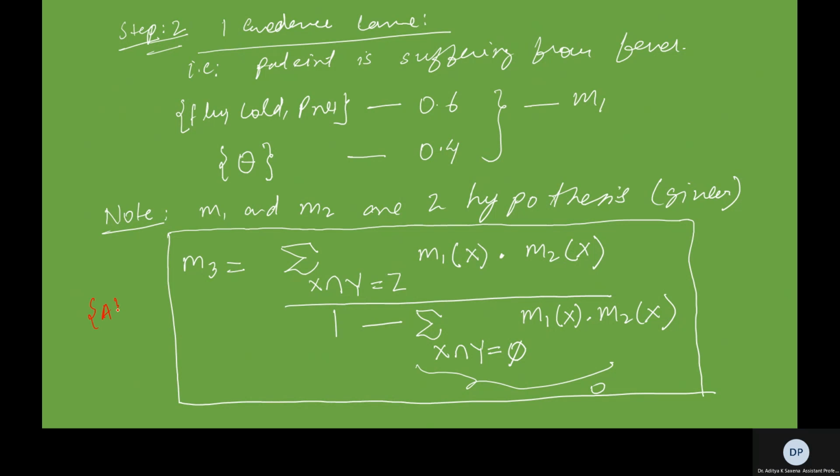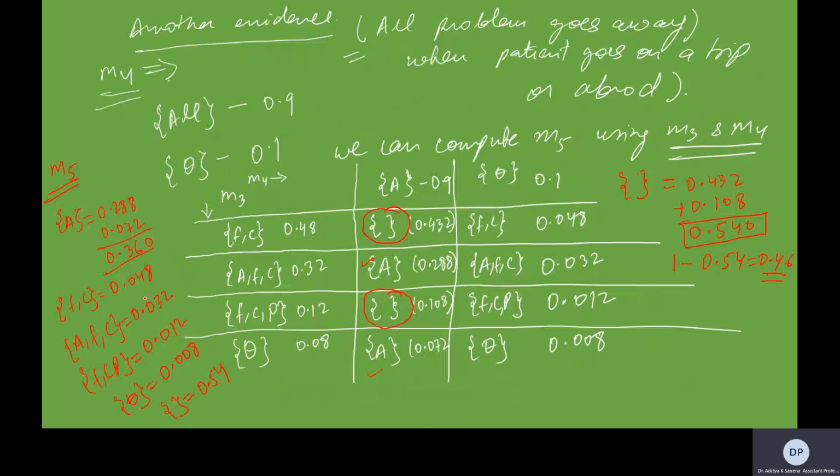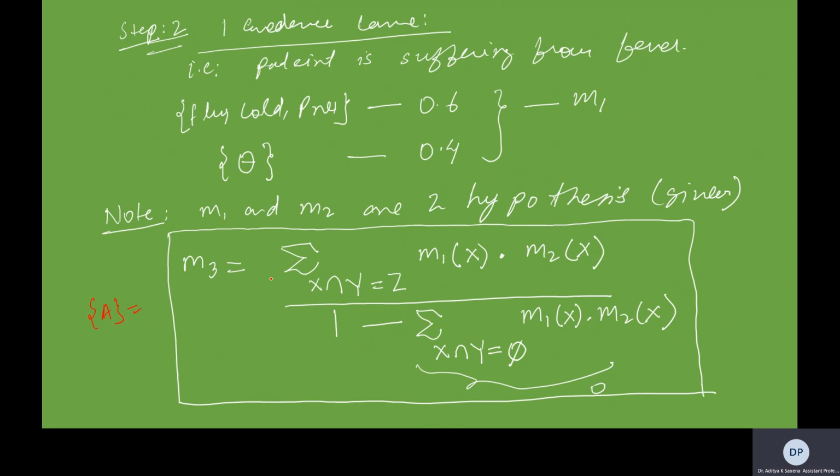How? I will give you an example. For subset A, what is the value in belief we have got? 0.360. So the numerator will be 0.360 upon, for the empty subset we subtract: 1 minus 0.54, so we will have 0.46. So you divide it. I am dividing it right now.